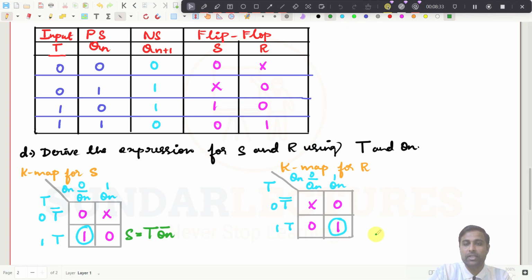For R, it is T here, but this is now Qn. It is Qn, right? So what we have done now is derive the expression for S and the expression for R with the help of T. That is the idea. And Qn we can get from the SR flip flop, right? That is what we have done here now.